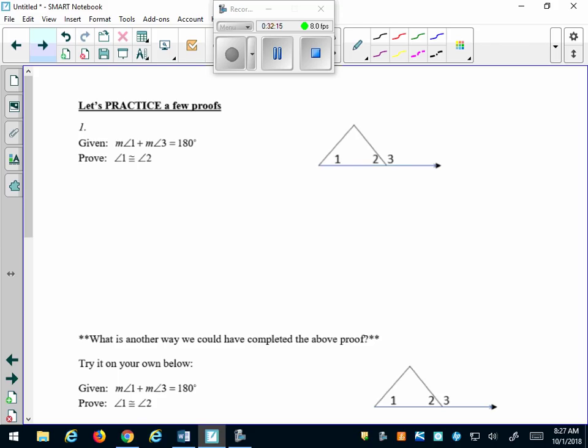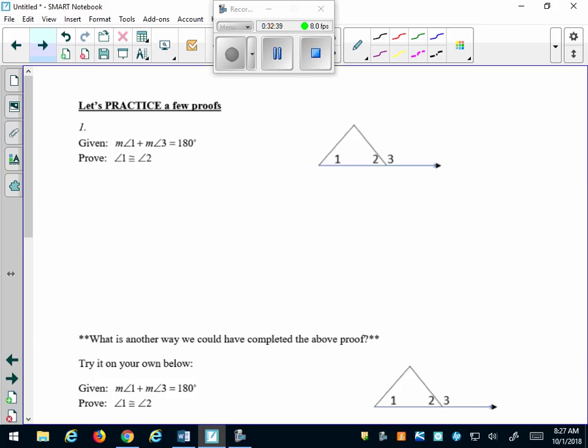So remember, now that we have proven these theorems, we can actually use them in proofs, right? So this first example is just to show you how the congruent supplements theorem can make a proof shorter.